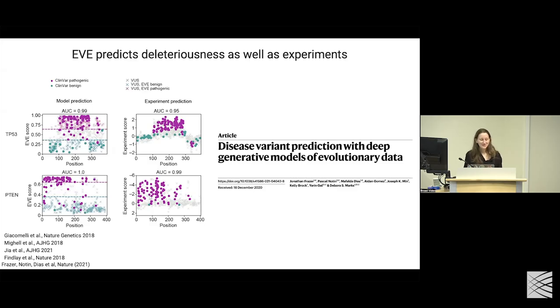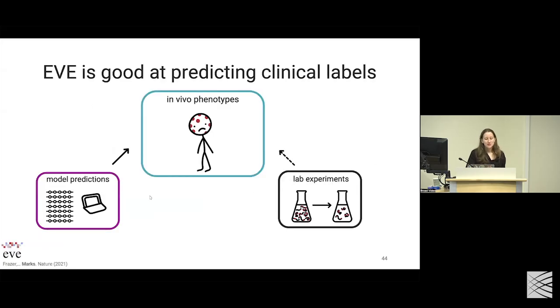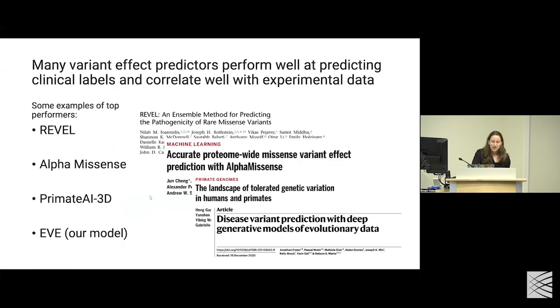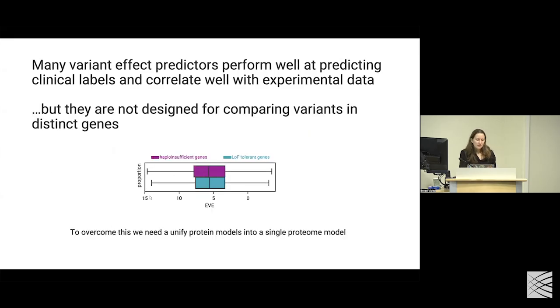We do them to find evidence for clinical variants. So EVE is good at predicting clinical labels, but many variant effect predictors perform well at predicting clinical labels and correlate well with experimental data. But they are not designed for comparing variants in distinct genes.